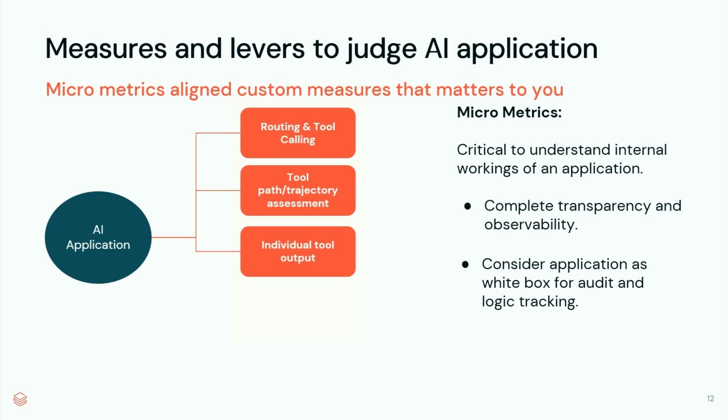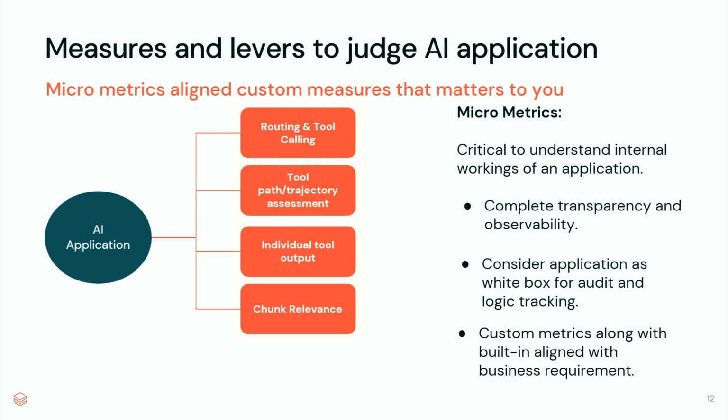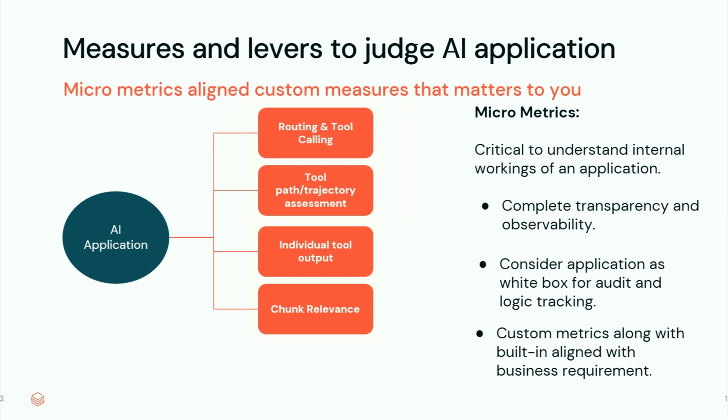The same tool with different parameters would give you completely different results, so whether the input and output were relevant or not is something you can also check. Basically, you can go as deep as you want if you have the right information. Chunk relevance, and so on and so forth. These are all micro.